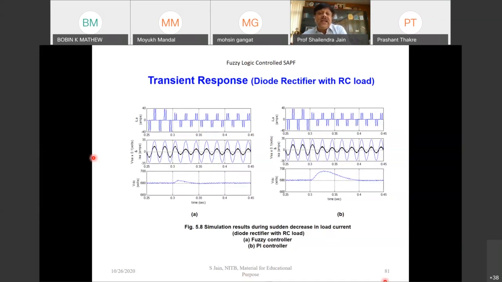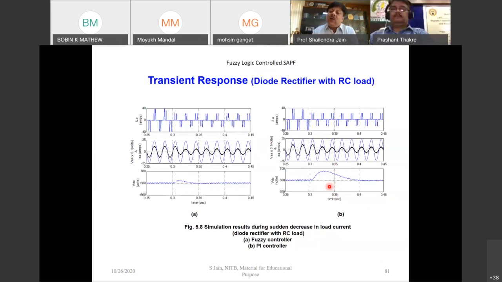You can see this is the transient response of a diode rectifier feeding an RC load. So it's a very dangerous kind of load with high non-linearity. This is the transient response C. Very little overshoot is there, whereas in this particular case, the overshoot and settling time are both high.